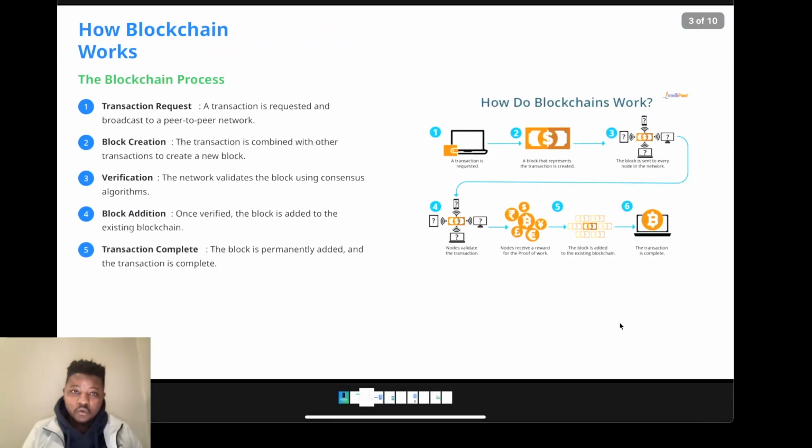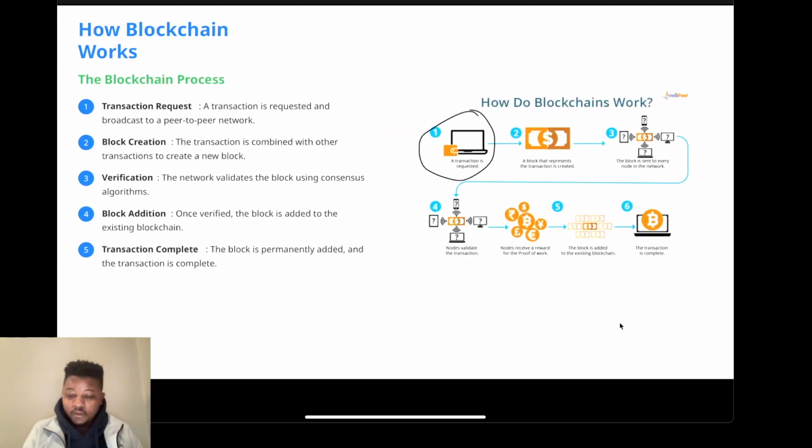Then we move on. How does the blockchain work? We have the blockchain process. We start with the transaction request, where you initiate a transaction in this format, and then it is broadcasted into the transaction pool.